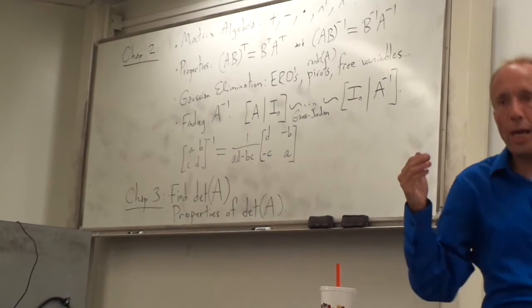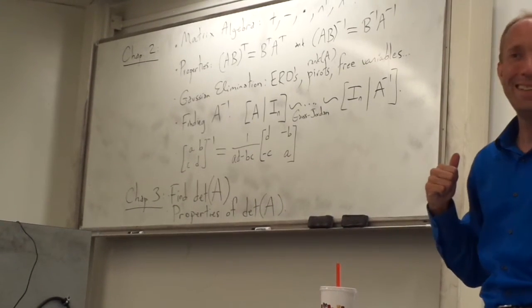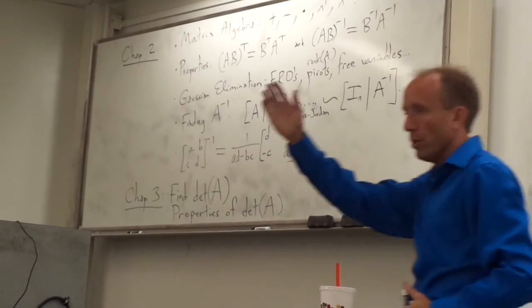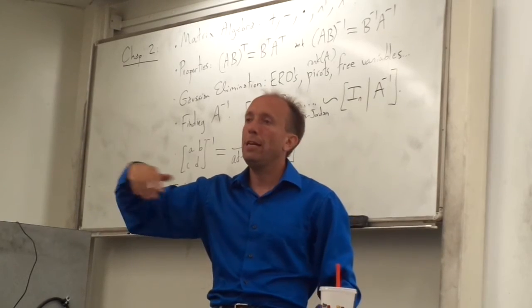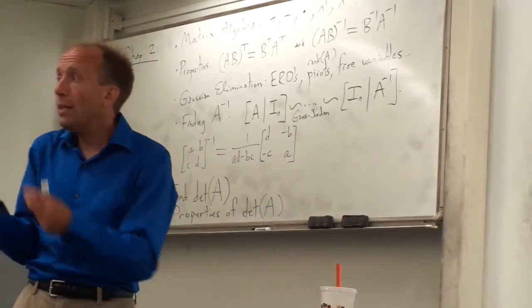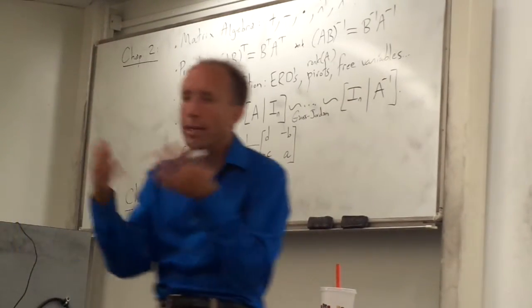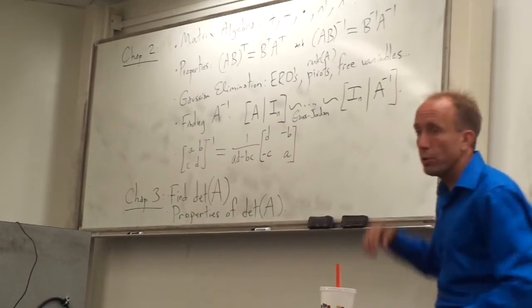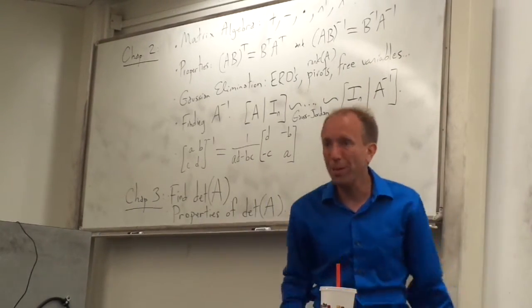Well, things like if you switch 2 rows, the determinant picks up a minus sign. If you add a multiple of one row to another row, no change. If you multiply a row through by a constant, then the determinant multiplies by that same constant. Okay, so those are your EROs. And then there's other things. You can transpose the matrix, and the transpose, remember, doesn't do anything to the determinant.